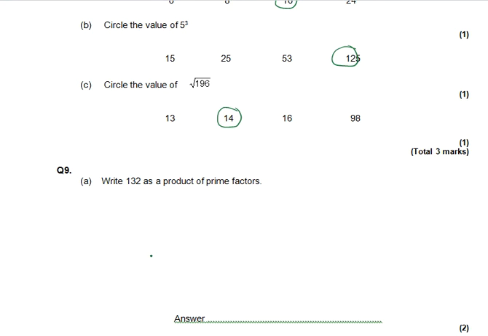Okay, so write 132 as a product of primes. So we start off with 132, and we just basically need to think of two numbers that go into 132. First of all, it's even, so I could write down 2 and halve 132.